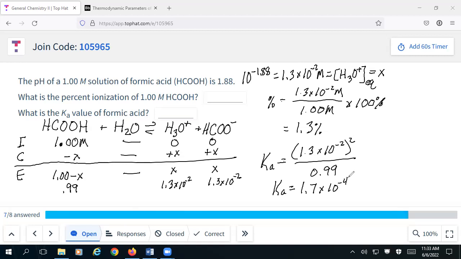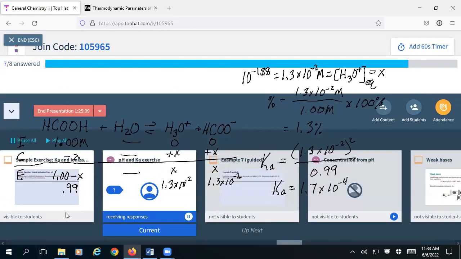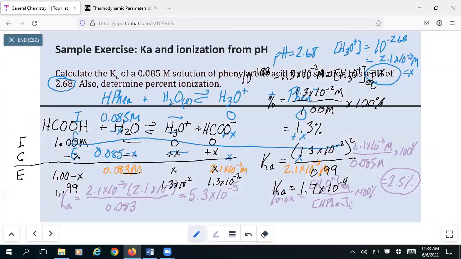Now, again, what's interesting here is if I compare this example to the previous example, I will see that my Ka value is better. Compare it to what we were doing here.